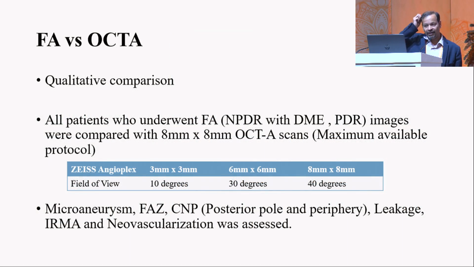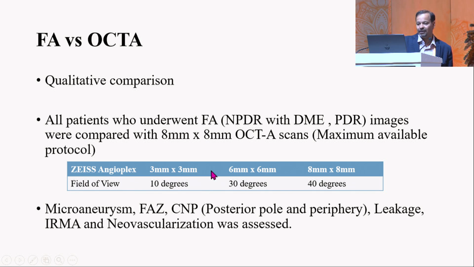So we compared what was seen on FA versus OCTA, and there was a little difference here because the FFA was done using standard cameras, while OCTA was done using 8x8 mm OCTA scans. The Zeiss Angioplex was the machine used.